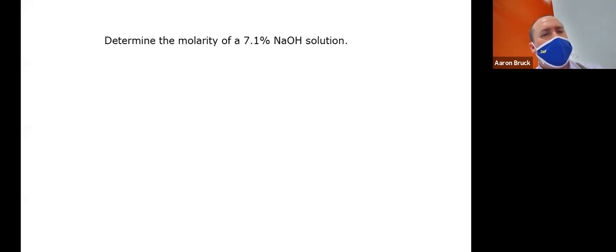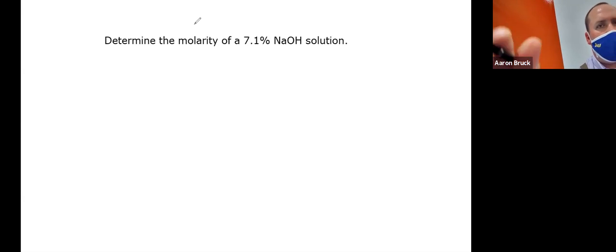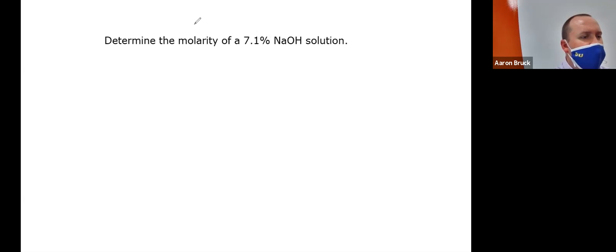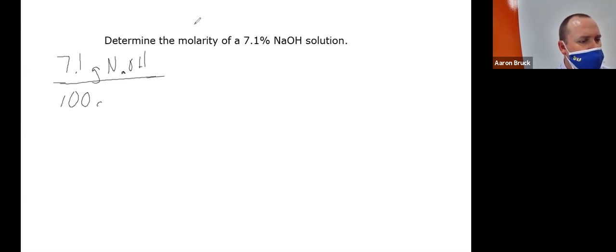So we have to go through, what does 7.1% mean? Well, what it means is that I have 7.1 grams of sodium hydroxide for every 100 grams of solution.